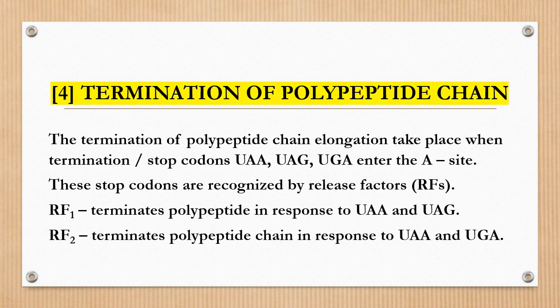Termination of polypeptide chain, that is the fourth step. Termination means stopping of the formation of the polypeptide chain, or protein synthesis. The termination of polypeptide chain elongation takes place when termination or stop codons UAA, UAG, UGA enter the A site, because these stop codons do not have any tRNA molecule.